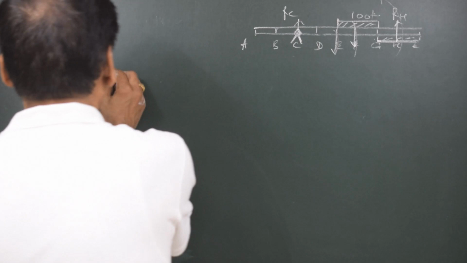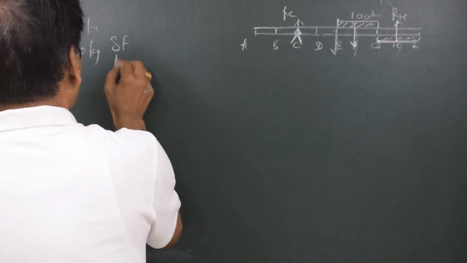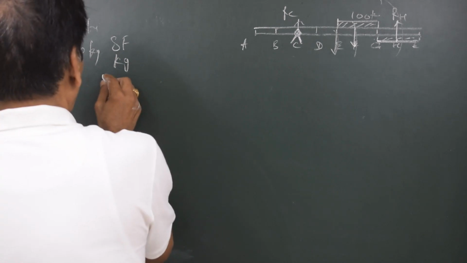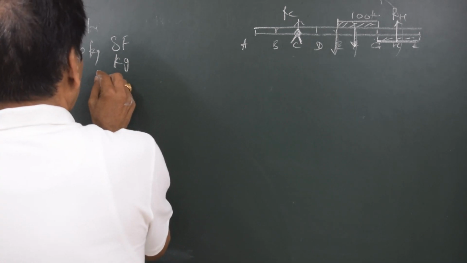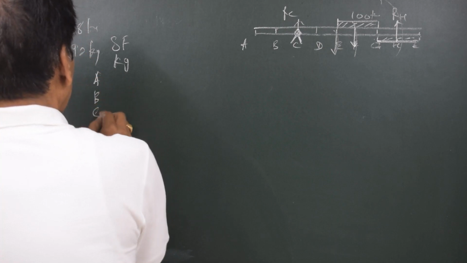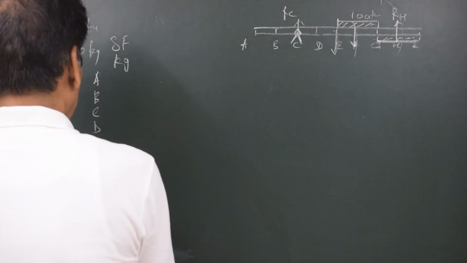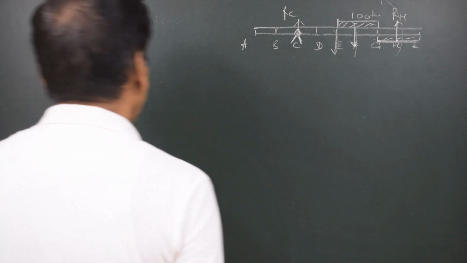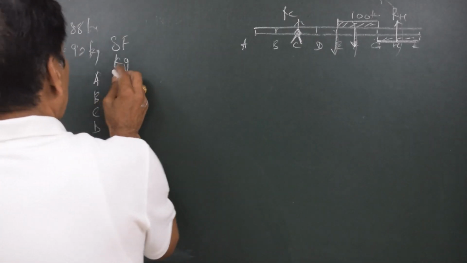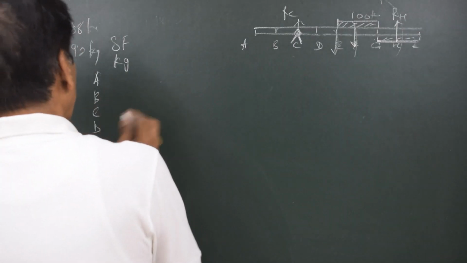Now let us start finding out what is the shear force value. We are writing in terms of kilogram, and the points are A, B, C, D, E, F, G, H, I. The method is same. We put the screen and find out what is there on the left of it.